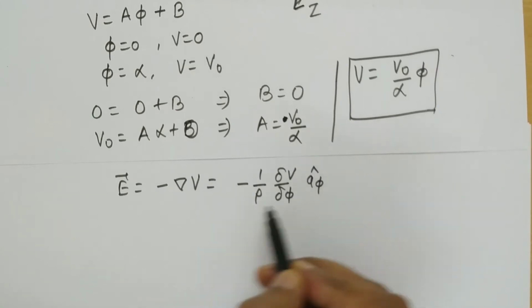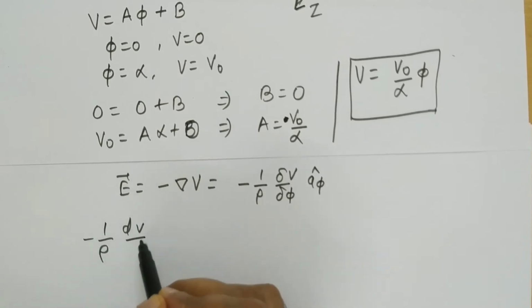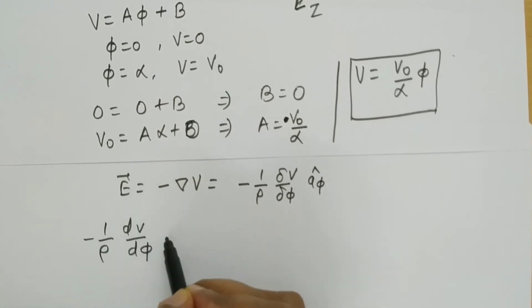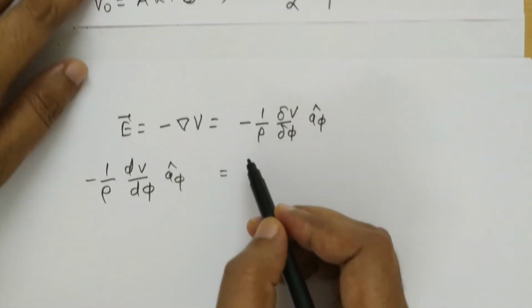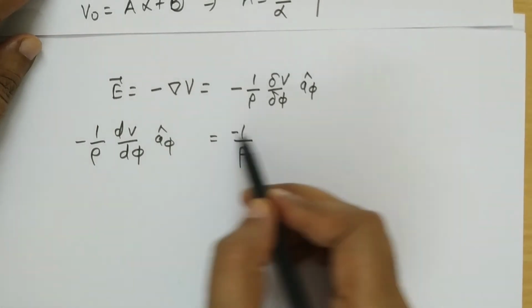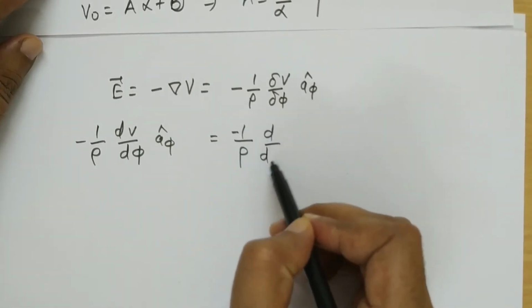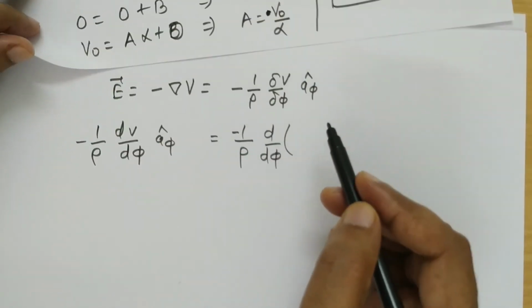So this can be written as full differentiation: E equal to minus 1 by rho dV by d phi a phi, equal to minus 1 by rho d by d phi of V, and V is V0 by alpha phi.